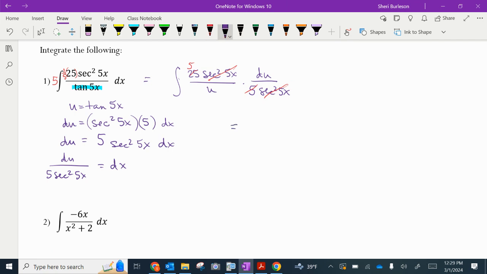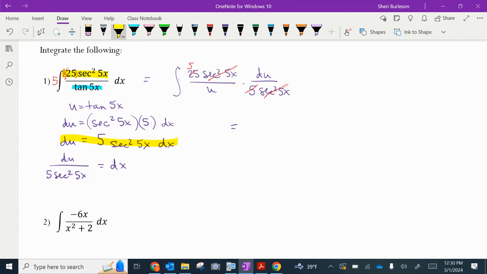So either way, the 1/5 of the 25 is going to get me 5. This one here, doing it that way, gets me the 5 secant squared 5x dx.